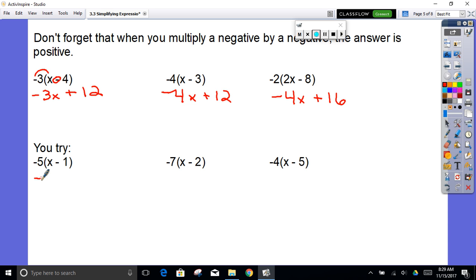Negative 5x minus 5. No, not negative 5. We have negative 5 times negative 1. Oh, plus 5. Adria, next one. Negative 7x plus 14. Good. Michaela, last one. Negative 4x plus 20. Good.